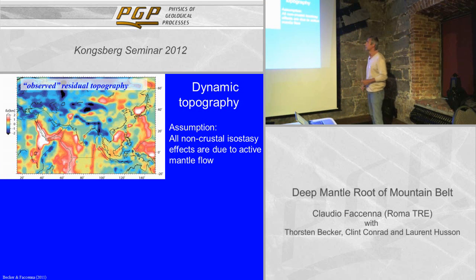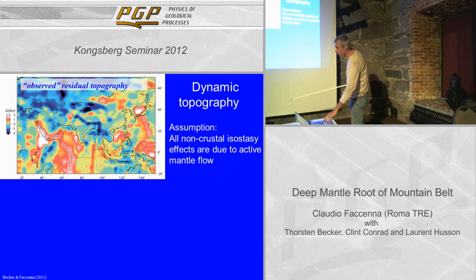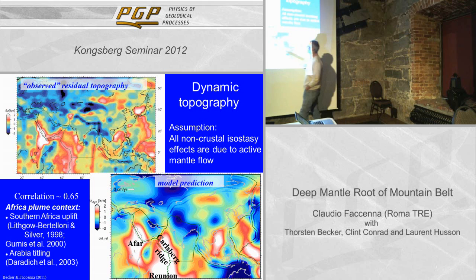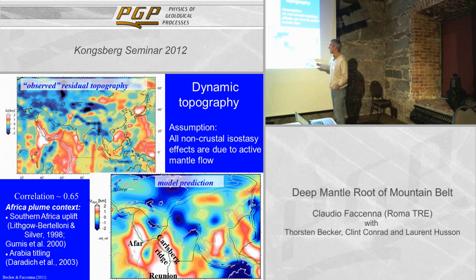Dynamic topography: this is the residual dynamic topography, again, the topography out of the isostasy and the crustal isostasy, and you may compare that with what the model predicts. It is fairly good in mapping out the Afar system, the Afar Arabian dome. Kazbek is okay.